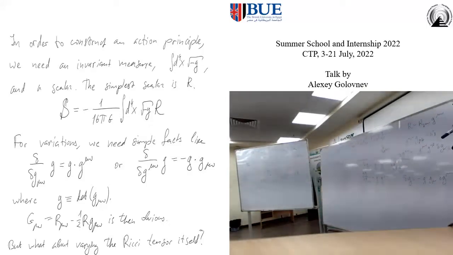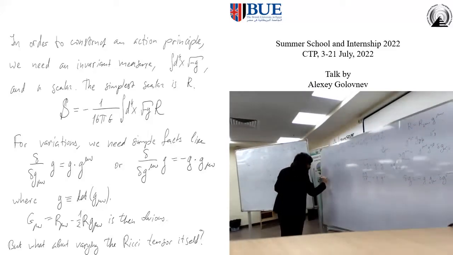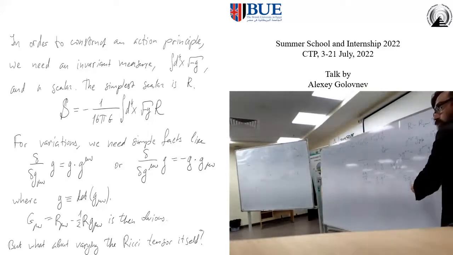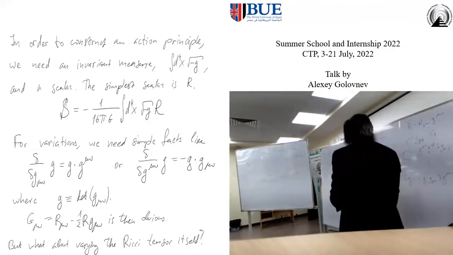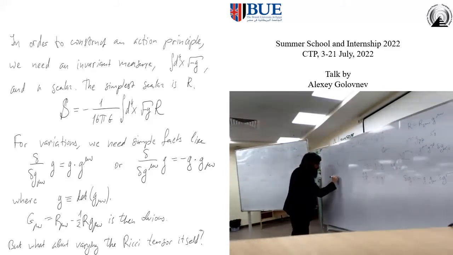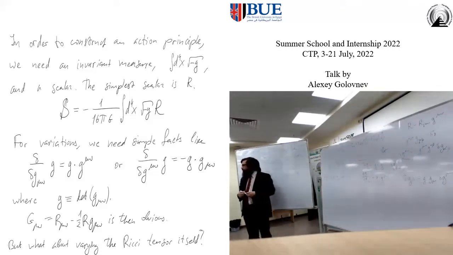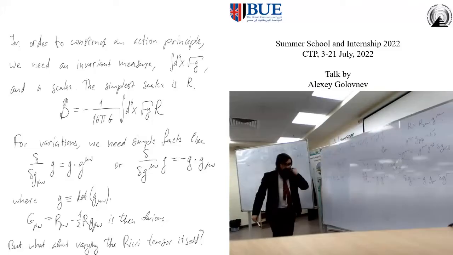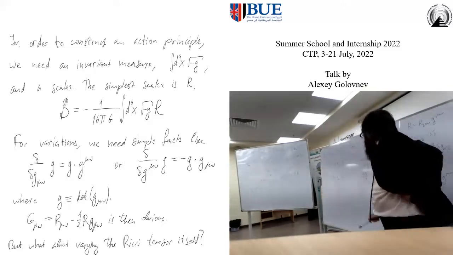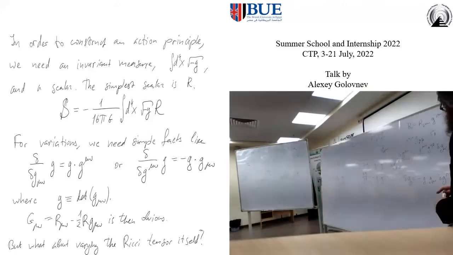And if you have the square root of minus g, it's simple too, because you take the derivative of the square root, you have 1 over the square root, and also 1/2. So you get minus 1/2 square root of minus g, g mu nu, variation of the inverse metric. That's the only not absolutely trivial thing you have to take into account, and after that it's very simple to do the variation.